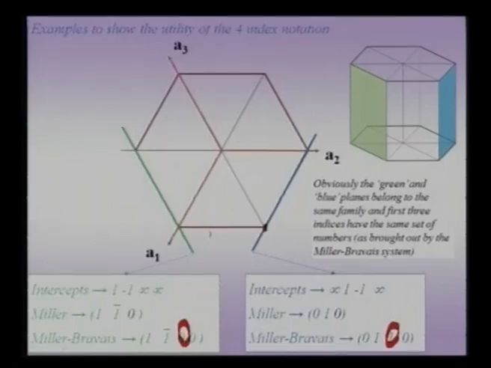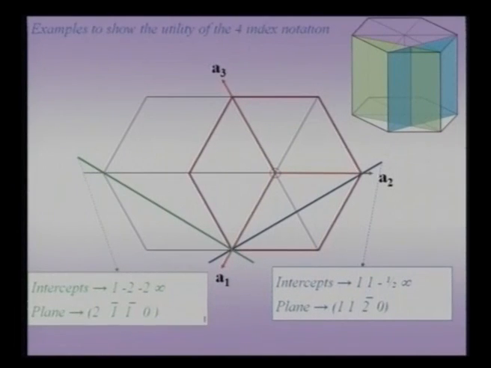For instance, I want to write this plane or one of these planes. There will be 1 0 1 bar 0 or 0 1 bar 1 0. So, by merely permuting the first 3 indices, I can get all the equivalent planes. That is why we have the utility of the Miller-Bravais indices, wherein we include the i index.